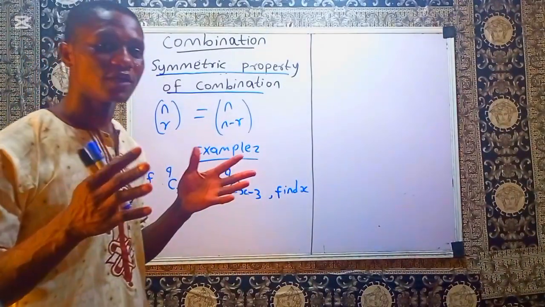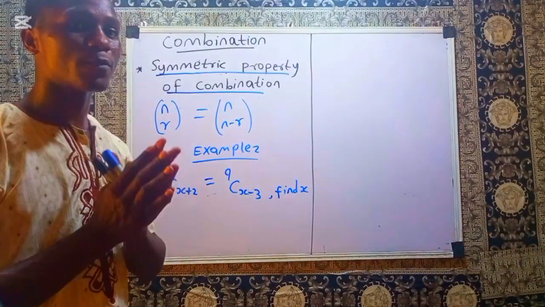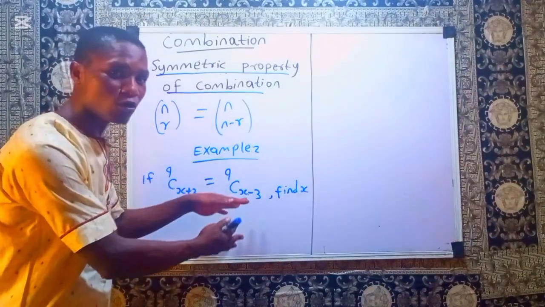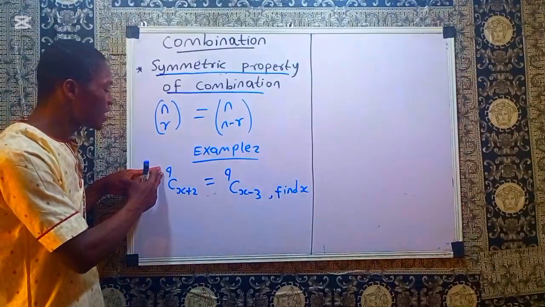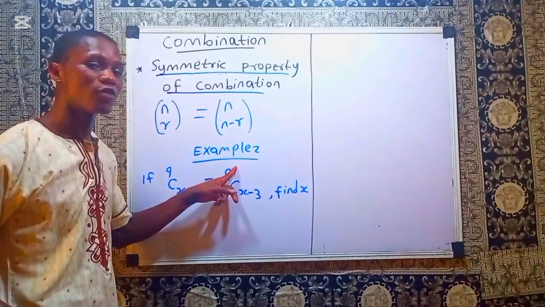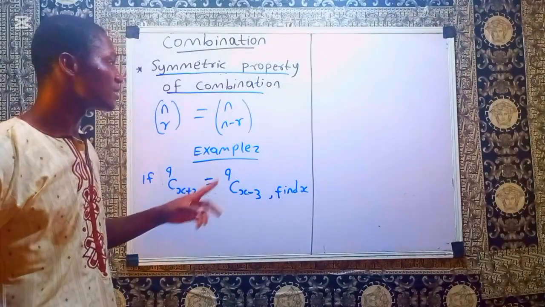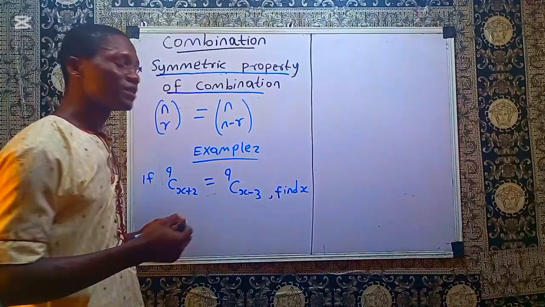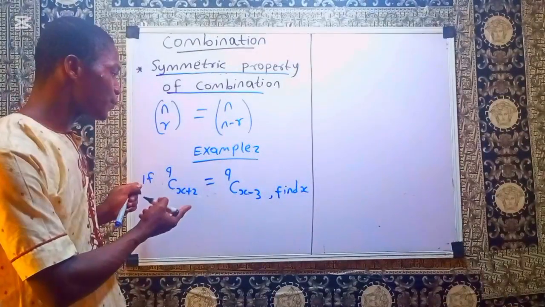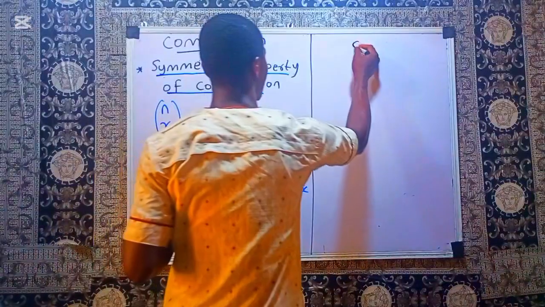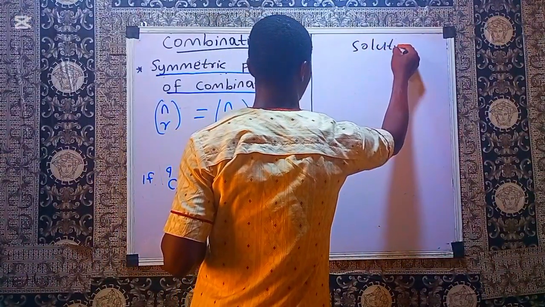If it is a problem that has to do with the symmetric property of combination, you are going to have the first combination equal to the second combination, and what you have up here, which is your n, is the same as what you have up in the second one, which is also n. So n must be the same. With this, we can look into the second example we are solving on this topic, and we'll go straight to the solution.